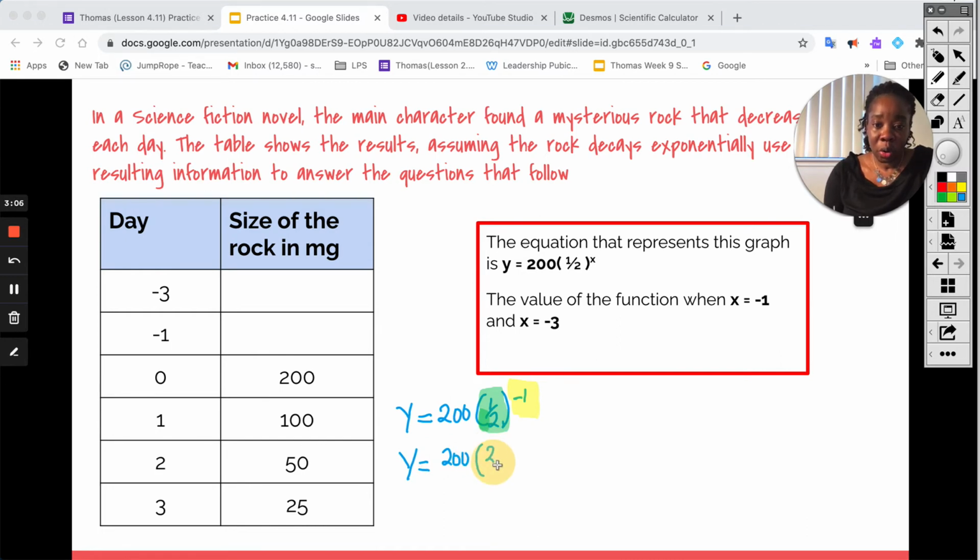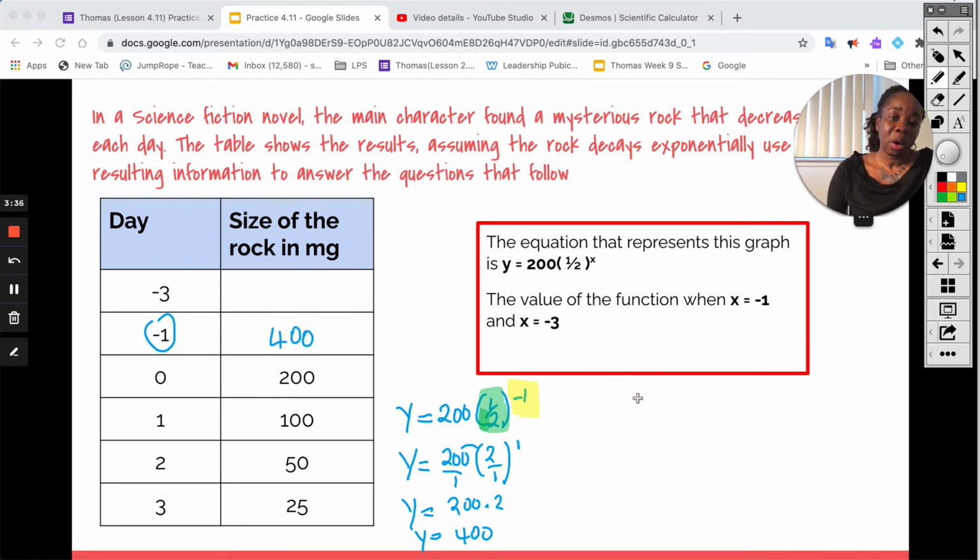It's 2 over 1 raised to the positive power. So y is going to be equal to 200 times 2. And the way you multiply fractions is you do top times top, bottom times bottom. So y is equal to 400. So when x is -1, the size of the rock is going to be 400 milligrams.